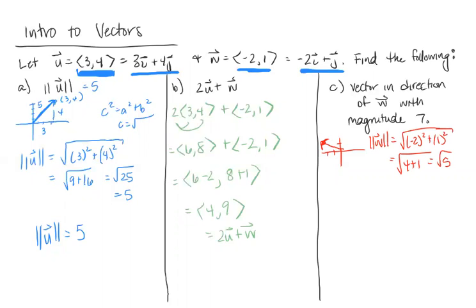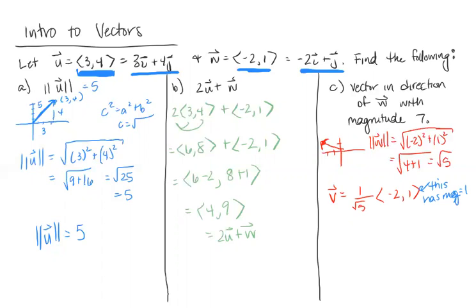So let's let v equal 1 over root 5 times my vector w, so negative 2, 1. This has magnitude 1, because I have divided out by the magnitude.